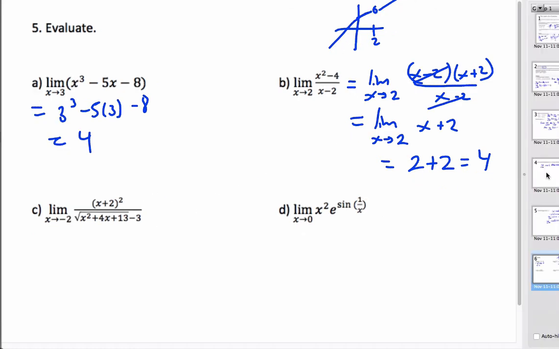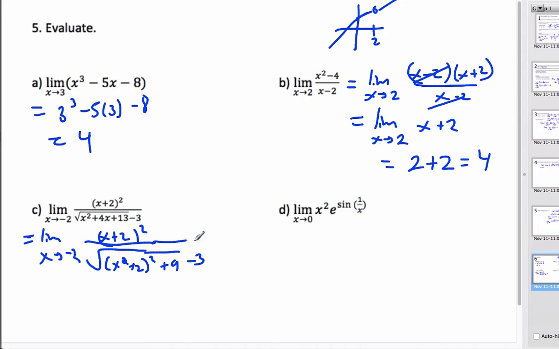Next example, if you plug in negative 2, you get a 0 in the denominator, so that doesn't work. We can multiply by the conjugate, but even more helpful is completing the square, as you'll see in a second. So this equals the limit as x tends to negative 2 of x plus 2 all squared, and in the denominator, if you complete the square, you get the square root of x plus 2 squared plus 9 minus 3.